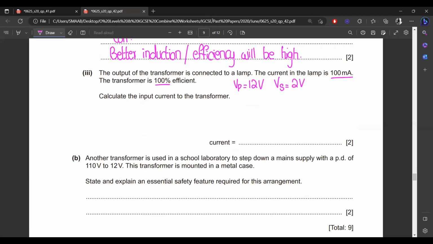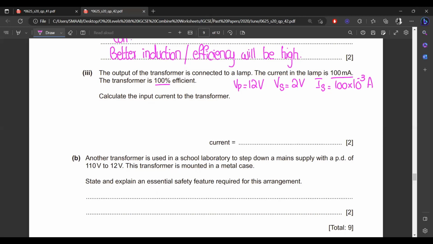And the value of electric current, the current in the lamp is 100 milliampere. So this current is for input or output, primary or secondary? This is output. Yes, because this is connected with the lamp which is used for the output process. Okay, so this IS is 100 milliampere.